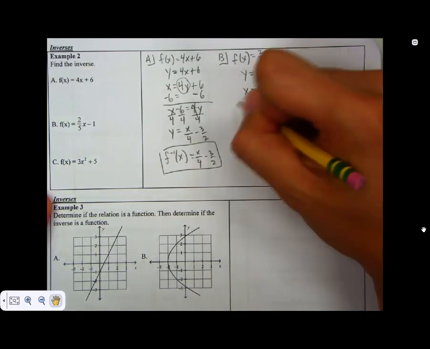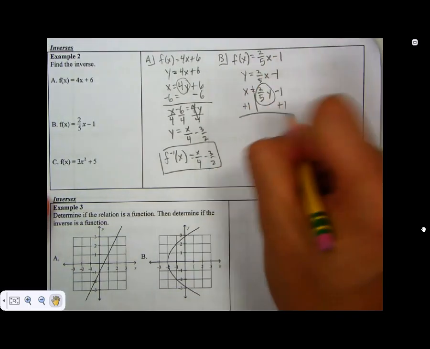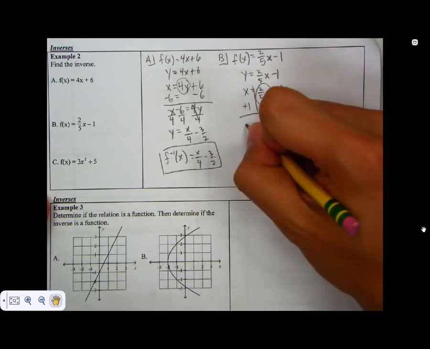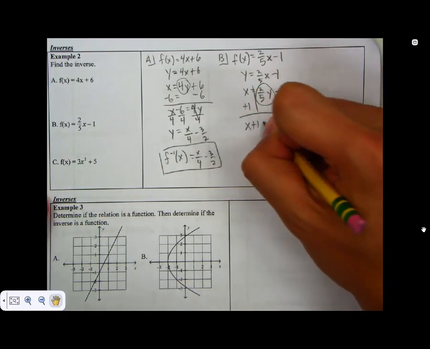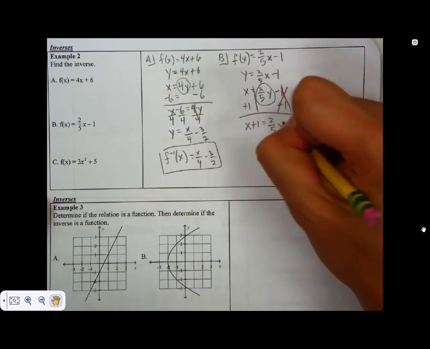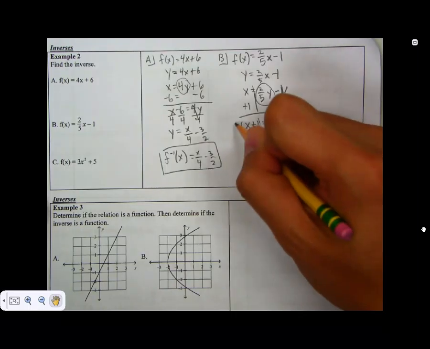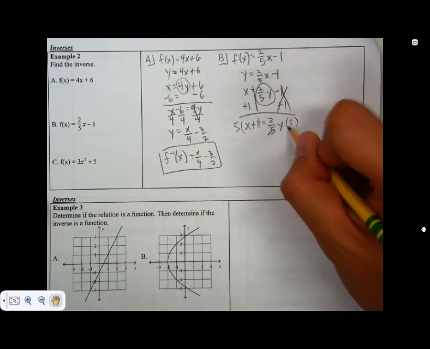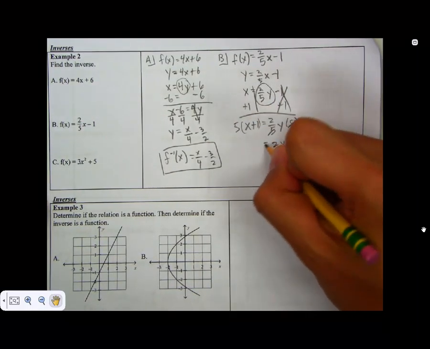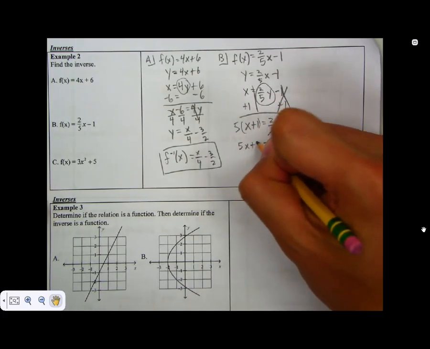So add 1 on both sides. So this is going to be x plus 1, because they don't combine, equals 2 over 5 y. Multiply by 5 to get rid of the fraction. 2y equals 5x plus 5.